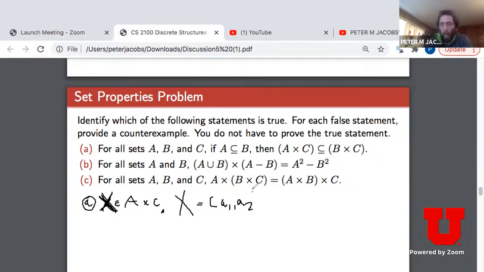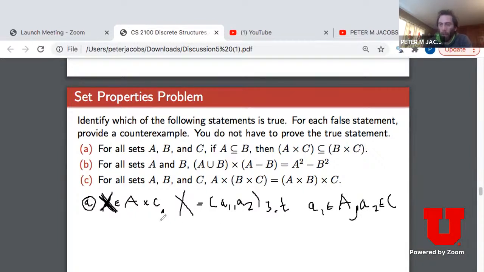So it's an ordered pair such that A1 is in A, and A2 is in C. Sorry, it's A cross C.